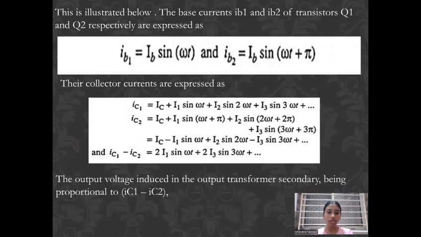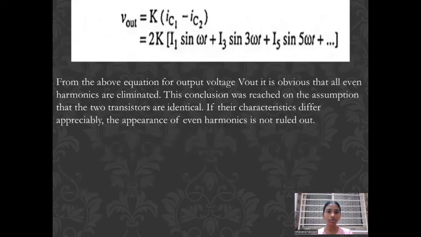The output voltage induced in the output transformer secondary is proportional to IC1 minus IC2. So, Vout = K(IC1 − IC2), and we know that this equals 2K(I1 sin ωt + I3 sin 3ωt + I5 sin 5ωt + and so on).